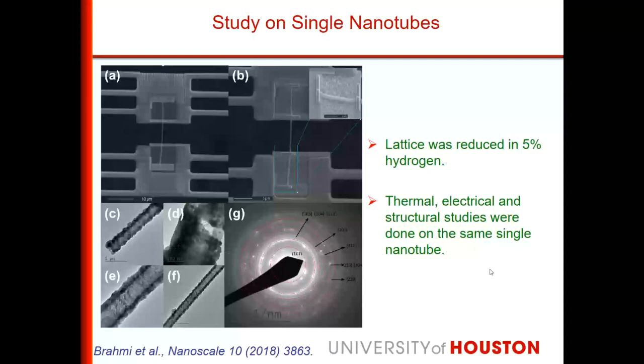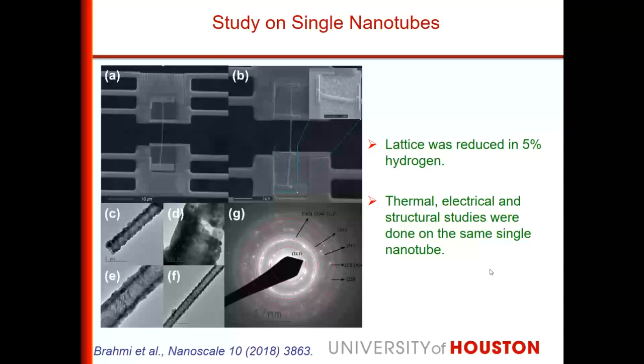But at the same time, when we studied the Seebeck coefficient, we found that it changes from negative to positive value. A negative Seebeck coefficient means the material is n-type, as expected. Titanium dioxide is an n-type semiconductor. After reducing, it behaves as an n-type semiconductor at room temperature. But when you reduce the temperature to around 175 Kelvin, the Seebeck coefficient becomes positive.